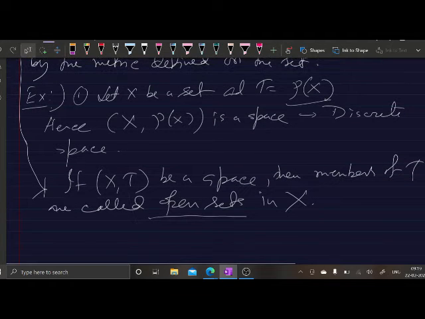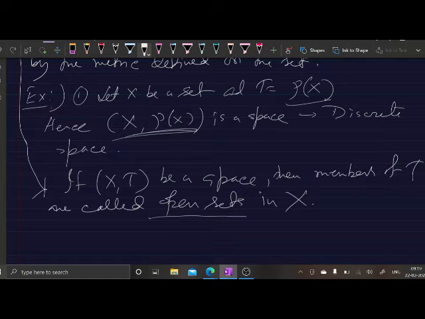So therefore you have at hand this example where every subset of X is open with respect to this topology.